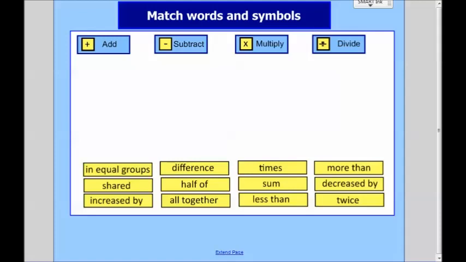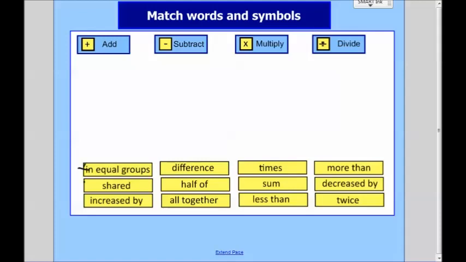Just to review, all of these words are math words, and we've talked about them before. Look at them. You don't have them in your notes, but look at them and think about if they mean to add, subtract, multiply, or divide. In equal groups means you're splitting things up and you're dividing.